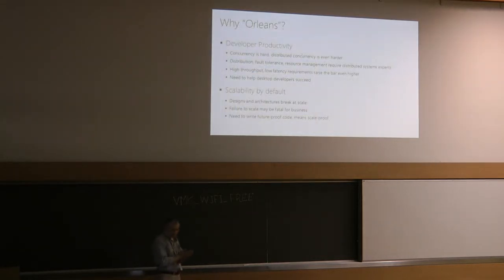With those sort of challenges in mind, I hope I gave enough background. This is how we approached the project when we started. We wanted to focus on two priorities. One is developer productivity. We can take a reasonable developer who can write reasonable code and make them successful, so they don't have to solve distributed systems problems.